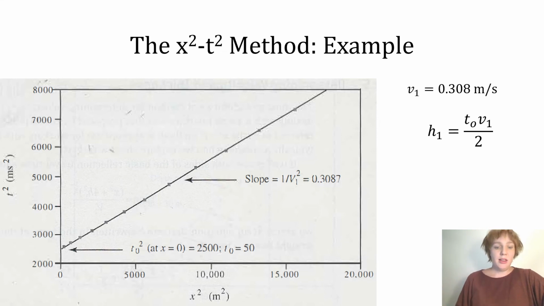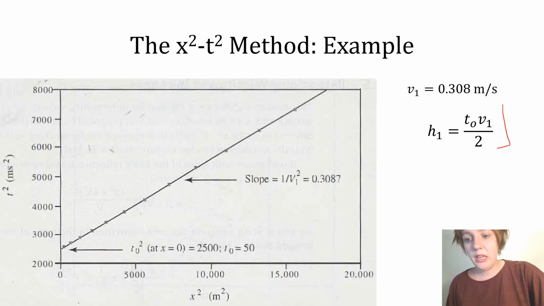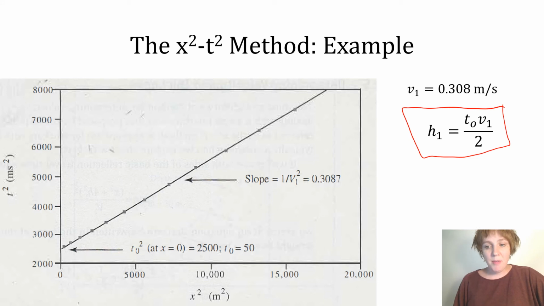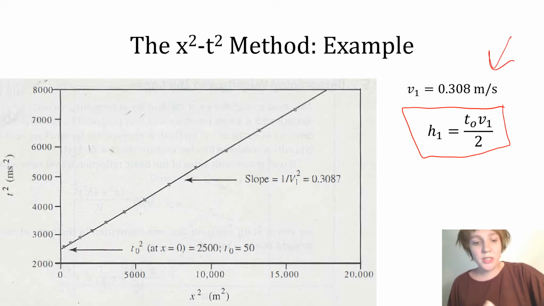Okay, now that we have the velocity, we need to figure out the thickness of the layer. Luckily, we have our nifty little equation for that right here, relating the thickness of the layer to the intercept time and the velocity. We've got the velocity, so what's the intercept time? Well, the intercept time squared, we can easily read off the graph right here.